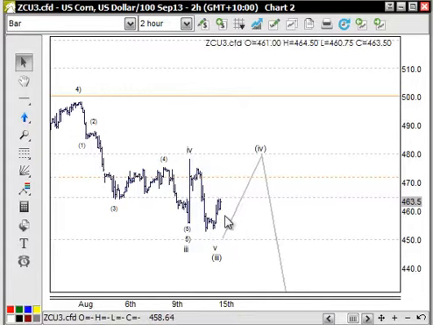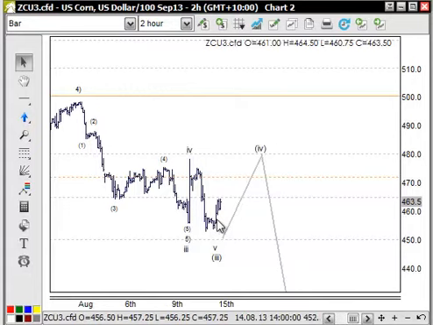But the main point now is that this is group 2 here, the 65, 72 and the 80. So if this market finds support on the 65, then it's in group 2. And if it's in group 2, then we can call the low in here and we can begin working on wave 4 here.